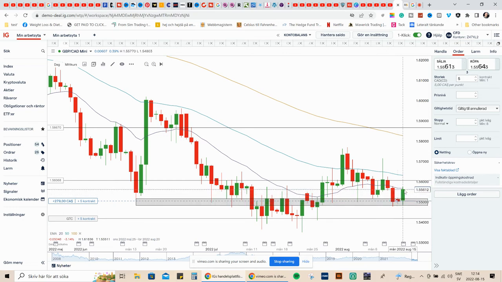So if we have a close today, a New York close, at 50% of this or below, we don't have any morning star setup anymore. It must close at 50% here or above. So if we have a close like this, it looks very good. We can anticipate a winning trade up to this level or this level.